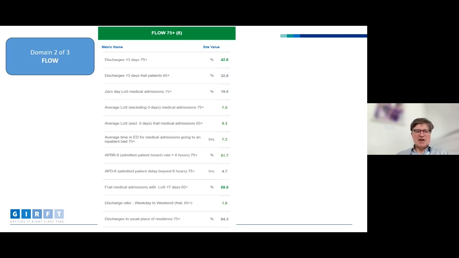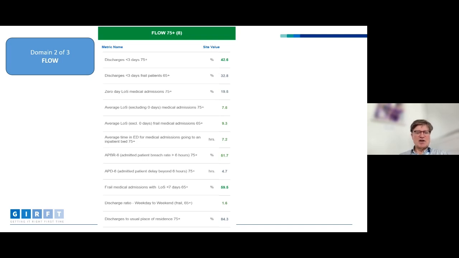0 length of stay and 6-hour delays are also featured here. This hospital is all green, so all in the lower and favourable quartile. But just to note one thing that's so important. Why is every hospital in crisis every Monday? It's because patients aren't discharged at the weekend. This metric here, the average in the NHS is that the discharge rate on Saturday and Sunday is half that of Monday to Friday.